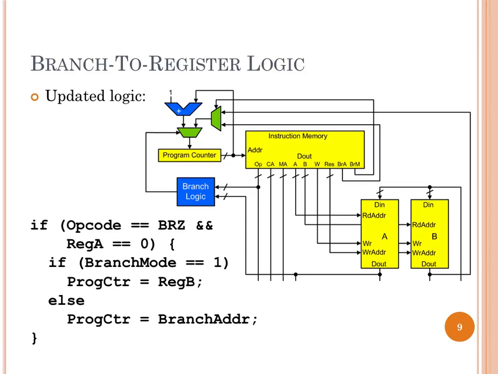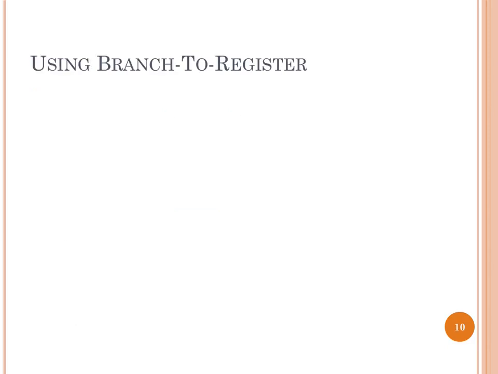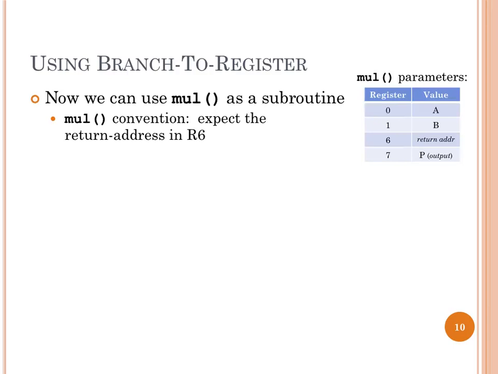Okay? So, for example, as you'll see on the next slide, we're going to say R6, register 6, is going to be the one that we have the return address in. Well, again, this is a convention, and the caller would have to know, if I want to use this subroutine, I better leave R6, only put return addresses in there. I can't store other things that are important to me because they have to be blown away in the use of this subroutine.